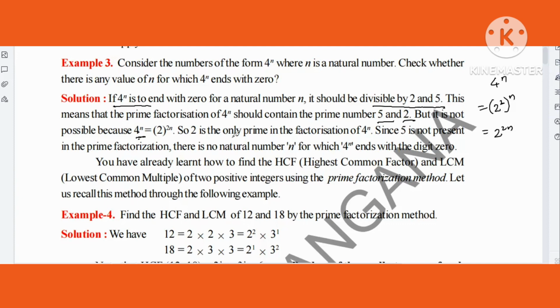So 2 is the only prime in the factorization of 4 to the power of n, and 5 is not present. So there is no natural number n for which 4 to the power of n ends with 0.